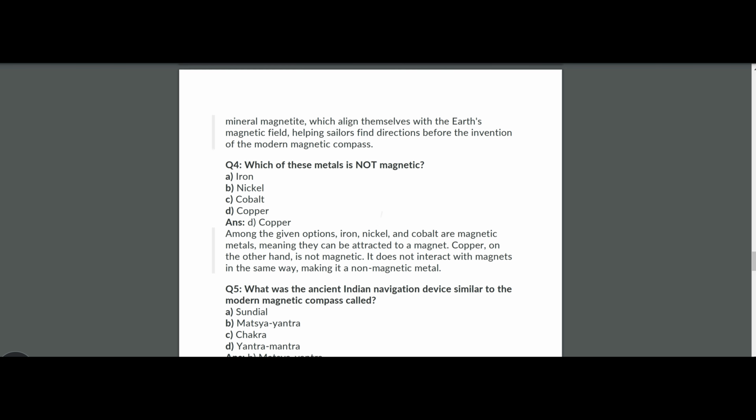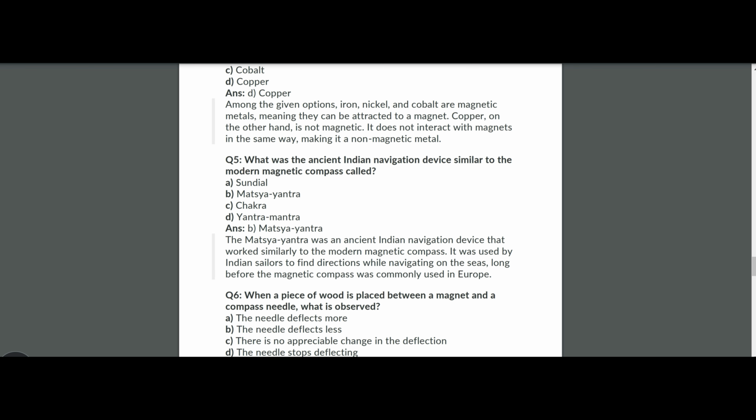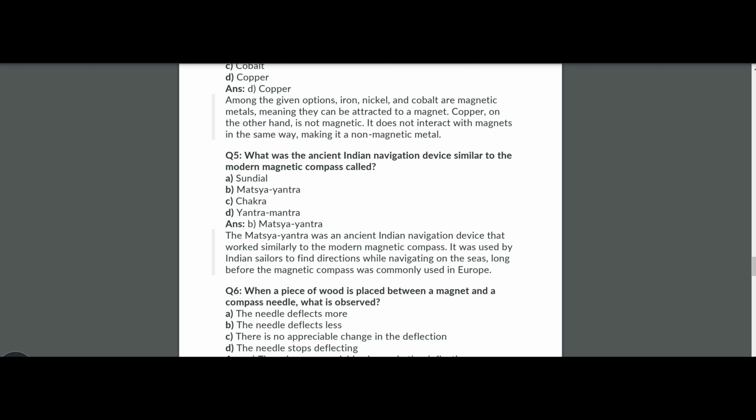Now you see the Matsya Yantra was an ancient Indian navigation device that works similarly to the modern magnetic compass. It was used by Indian sailors to find directions while navigating on the seas, long before the magnetic compass was commonly used in Europe.